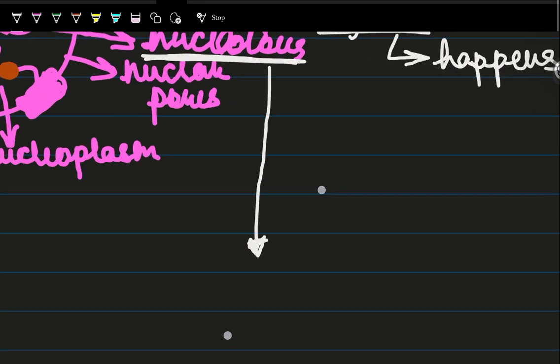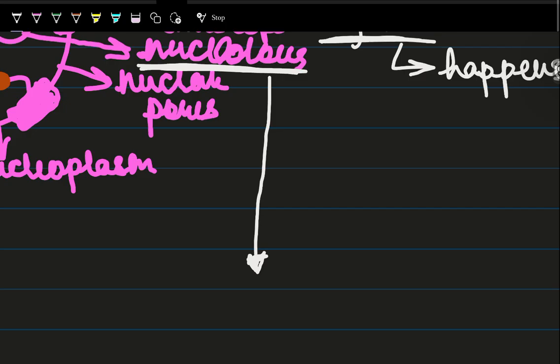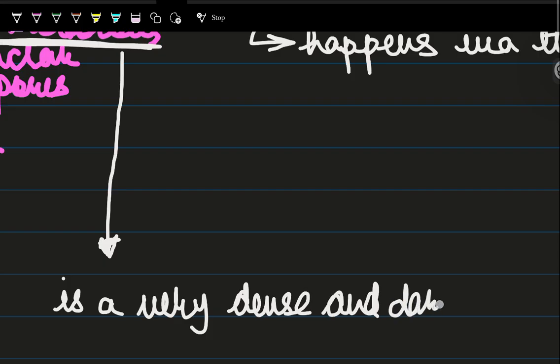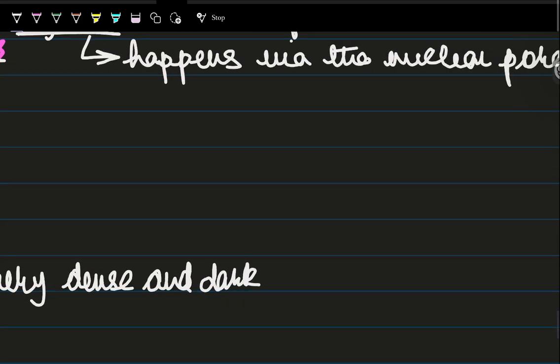So, nucleolus is a very dense and dark part of the nucleus. Very dense. Arguably the densest part in the cell.